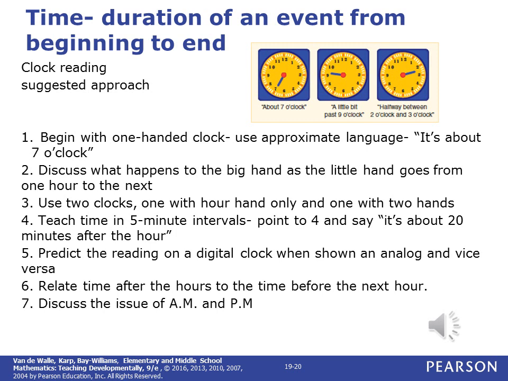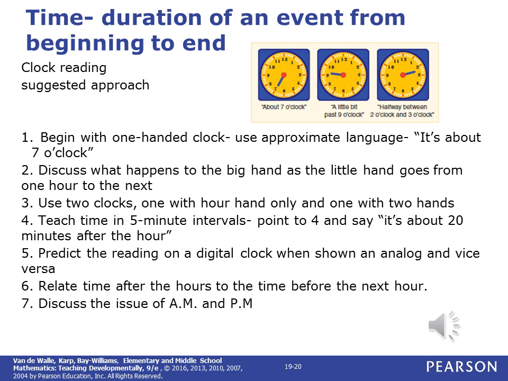You definitely want to also introduce students to both an analog and a digital clock, and make sure that you can show students the comparison between 2 times, what 5 o'clock looks like on the analog versus on the digital, and then what 7:20 looks like on the analog versus the digital.